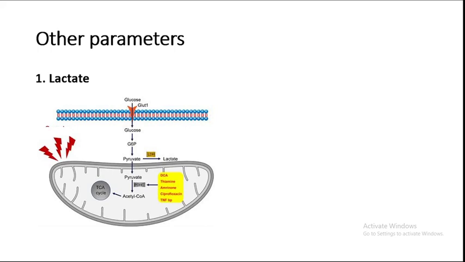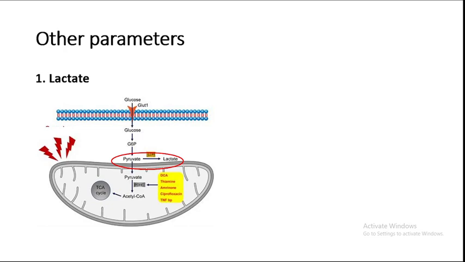So we are now in our fourth step. We are now going to look at the other parameters of the blood gas. One important parameter is lactate, right? So lactate is produced from pyruvate, especially when there is cellular hypoxia. So if there is low hemoglobin, low oxygen, or if the perfusion is poor, the cells are going to be hypoxic, so there is anaerobic metabolism.